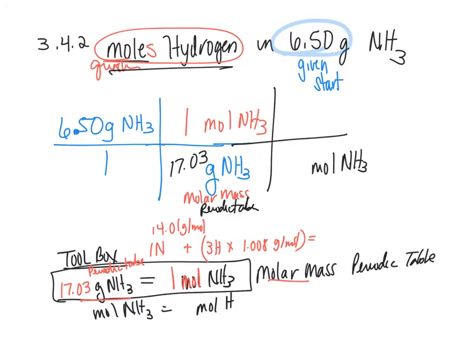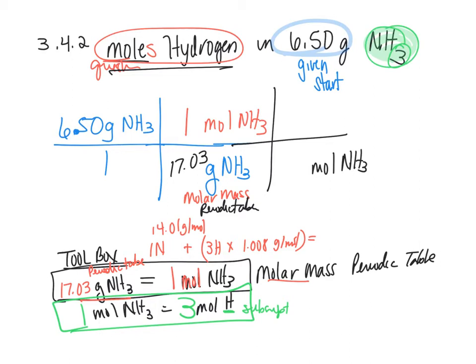Well, where can we find hydrogen? Can you see that you have hydrogen in that formula? Okay, so you can get another conversion factor, and it's 3 mole of hydrogen because of the subscript in the formula for 1 mole of ammonia. So that's a conversion factor you can get from that formula with the subscripts.